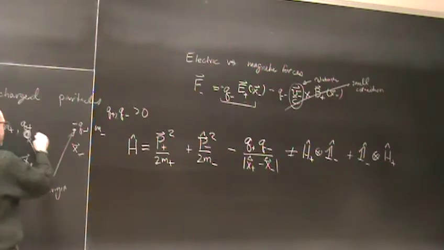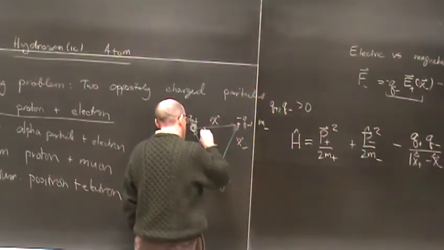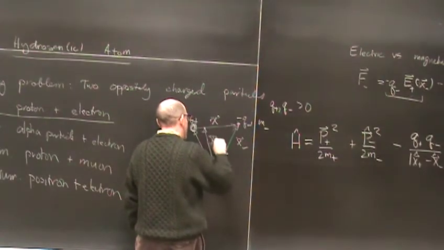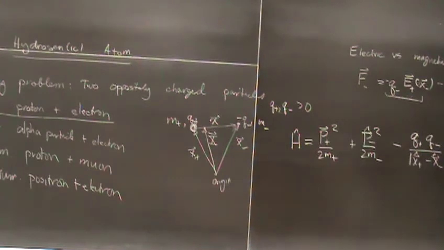Okay? So we change variables. We have a relative coordinate and a center of mass coordinate. I'll call that little x and big X. Okay? That's the center of mass. So we have, let's come over here.